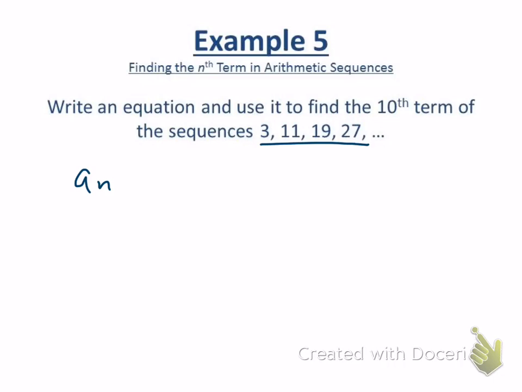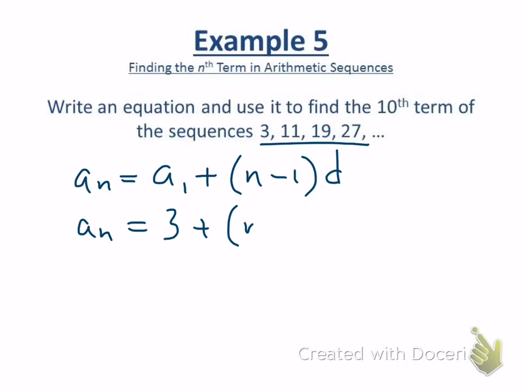A sub n equals the first term of the sequence plus n minus 1 times the common difference. So a sub n in this case would equal, what's the first term? 3 plus n minus 1 times 8. That's the equation.